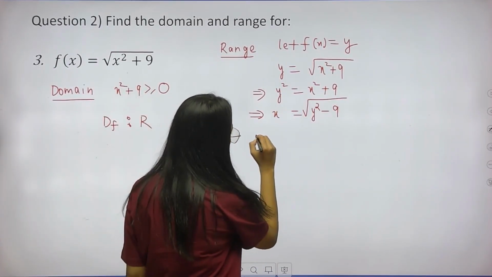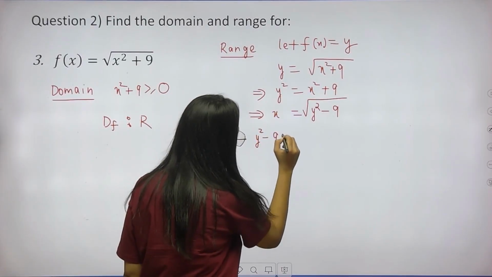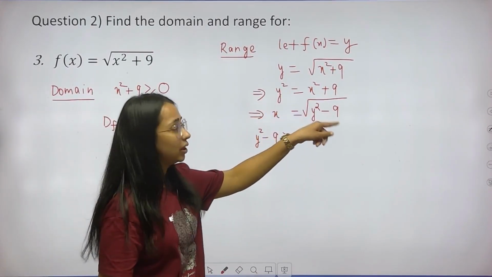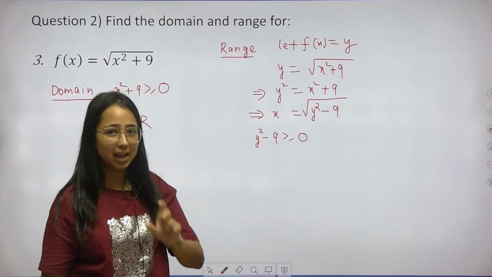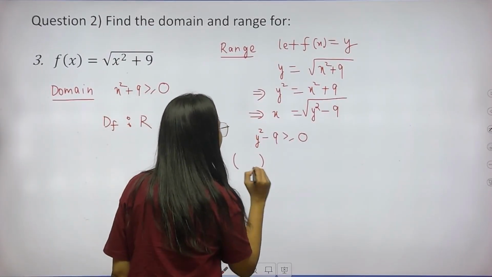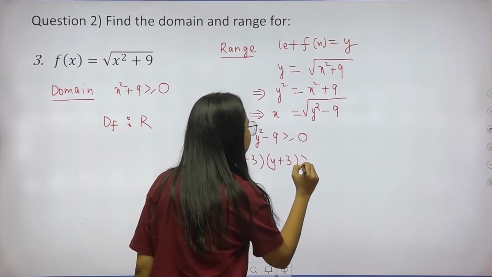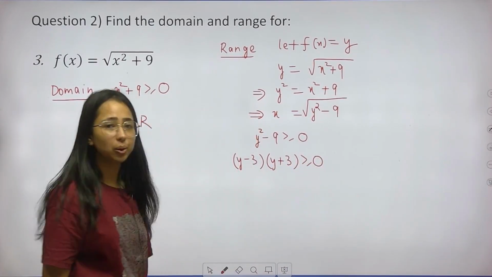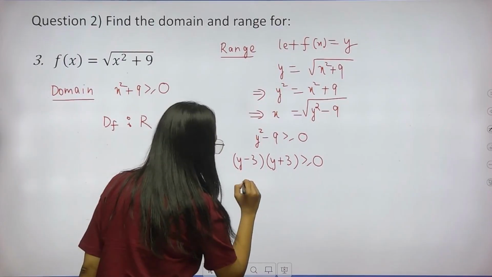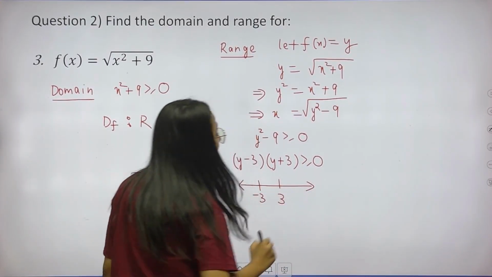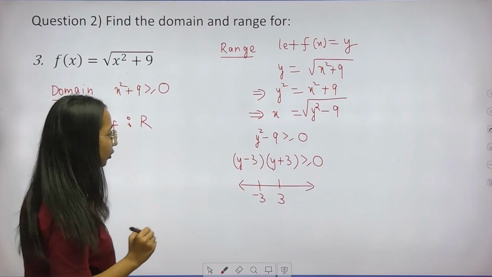Okay, so y square minus 9 is greater than or equal to 0, because a number cannot be negative inside the root. So hence we can write that y minus 3 into y plus 3 is greater than or equal to 0. Again we'll make a number line. Minus 3 and 3 are two critical points of this particular function.